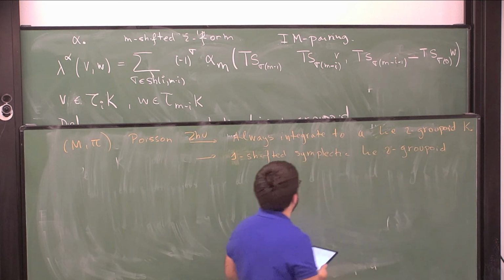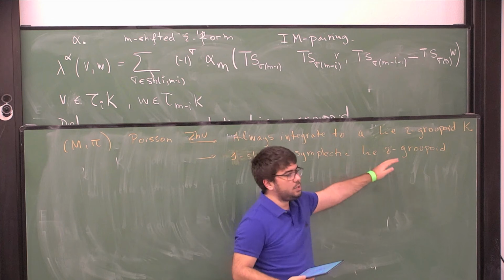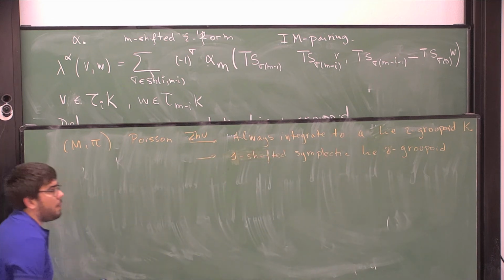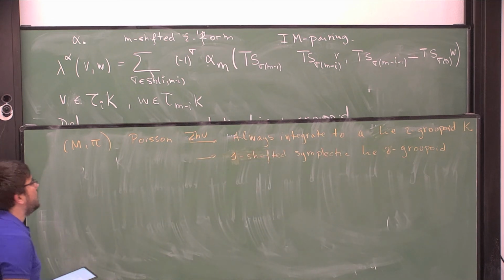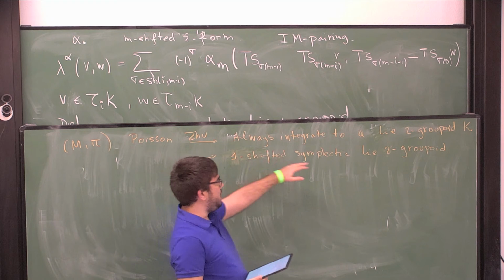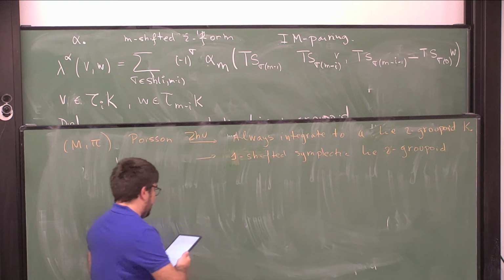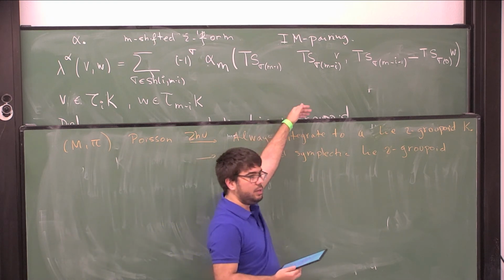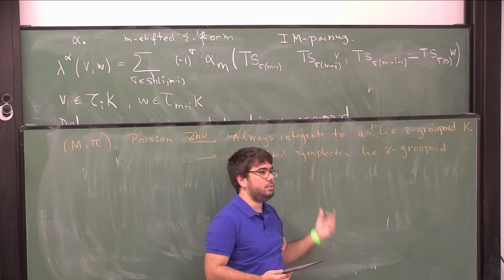So here you have an example where the two things do not match, because of an étale obstruction. Exactly. And this is a one-shifted symplectic Lie 2 groupoid, and basically the cohomology in degree 2 of the tangent complex is 0.